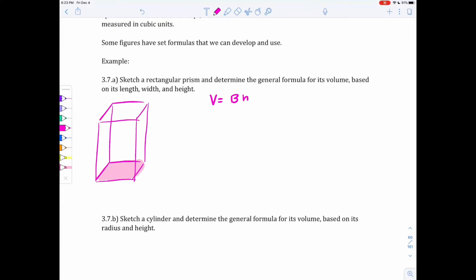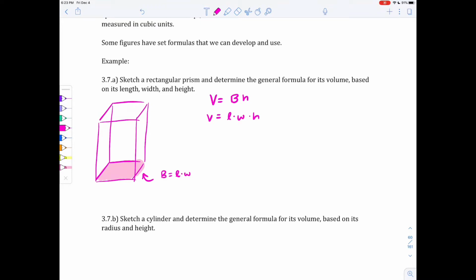Taking a look at my base, it is a rectangle. So I could say the area of the base was just length times its width. So its volume could then be represented as length times width times height. And that's it. That's a rectangular prism's more specific volume formula.